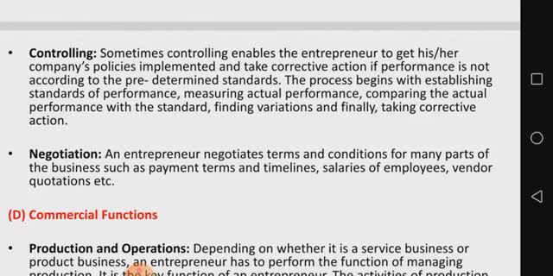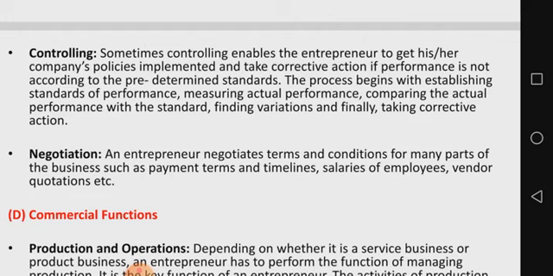Now, as an entrepreneur, we said you should motivate your workers, you should lead them, and at the same time you should control them. Any uncontrolled organization can never achieve its goals. So there is a requirement of a high level of discipline.